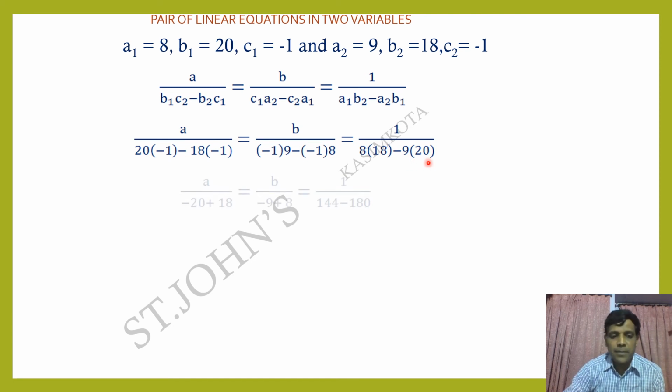Okay, on the next step, a by -20 plus 18 equals b by -9 plus 8 equals 1 by 144 minus 180.